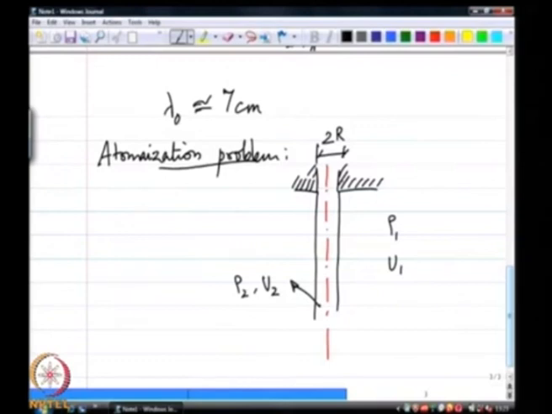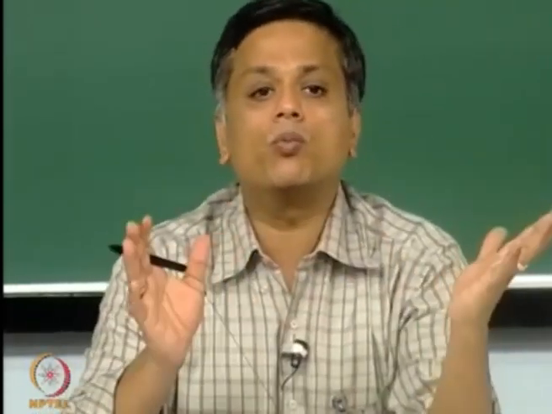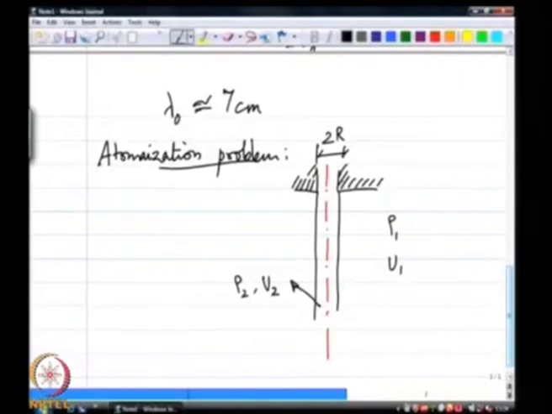So, imagine just a water faucet, a faucet through which a jet of diameter 2 r is exiting into, let us say, air.